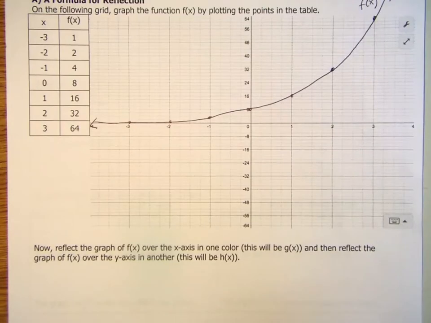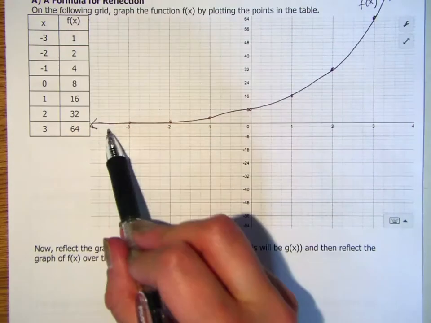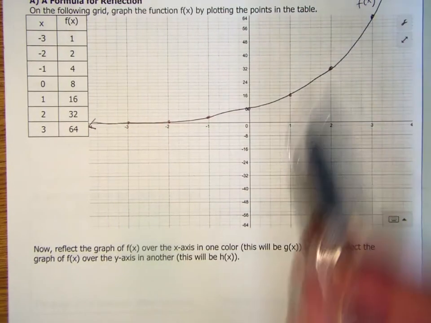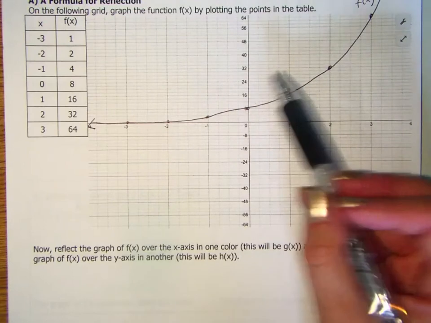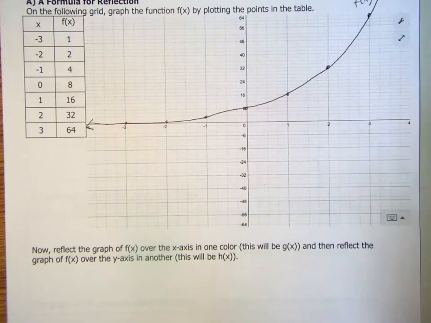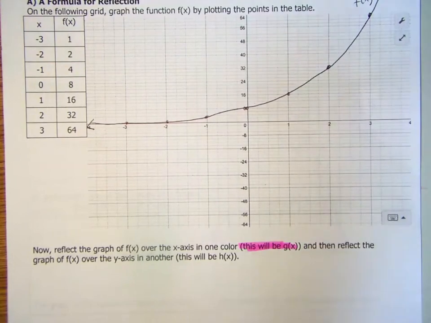After you have that graph plotted, and you can use different colors that you have in Notability, it says to reflect the graph of f of x, which is the one you just plotted. Reflect that first over the x-axis, and we'll call that one g of x.